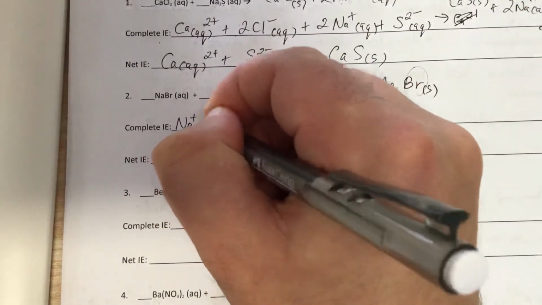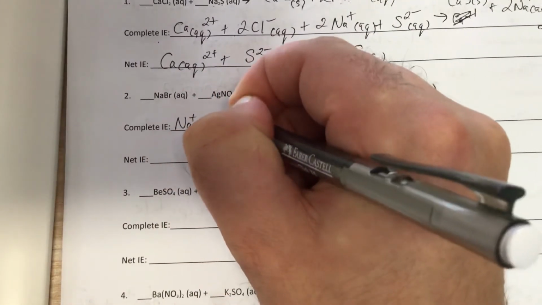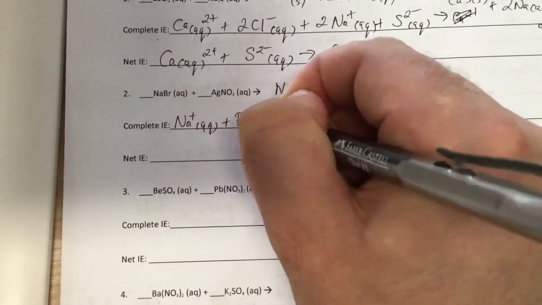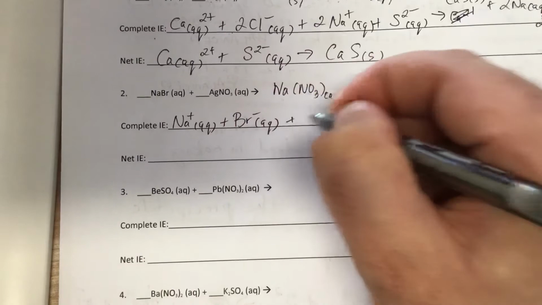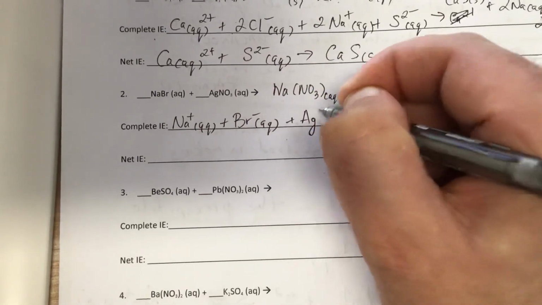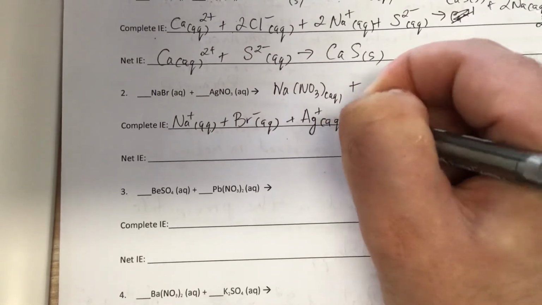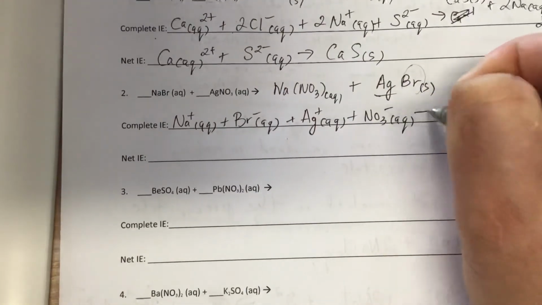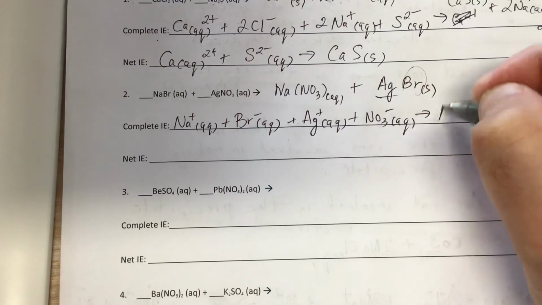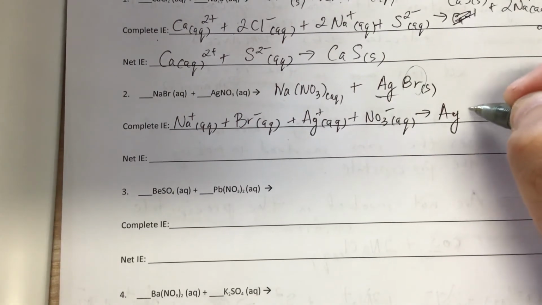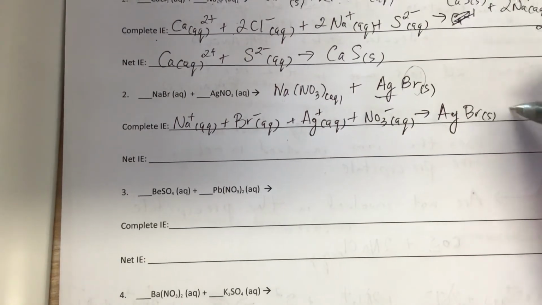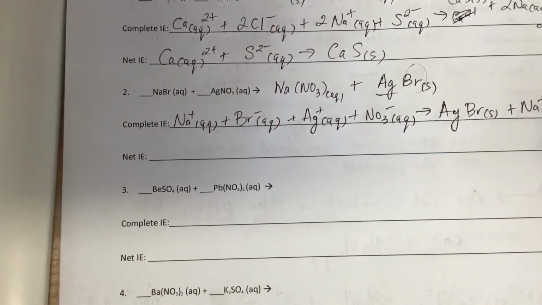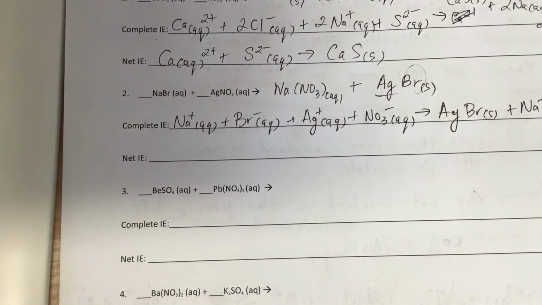Na plus aqueous plus Br minus aqueous plus Ag plus aqueous plus NO3 minus aqueous gives us silver bromide plus Na plus NO3 minus.